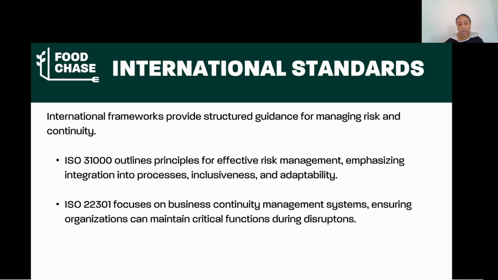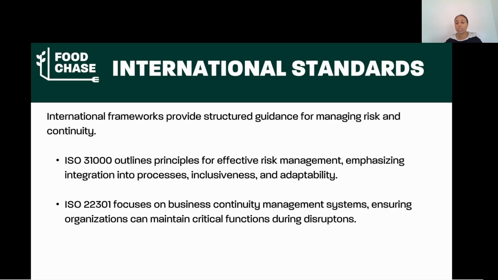So there are 2 international standards that provide excellent structured guidance. These are just 2 of the few. The ISO 31000 outlines principles for effective risk management, emphasizing integration into processes, inclusiveness, and adaptability.